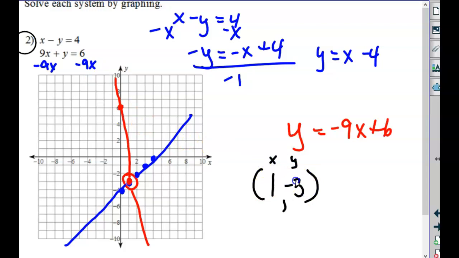So just checking it in one doesn't really prove anything, okay? If I put it in the first one, 1 minus -3 equals 4, that's true. If I put it in the second one, 9 times 1 plus -3 equals 6, it does check in both. Everybody okay?